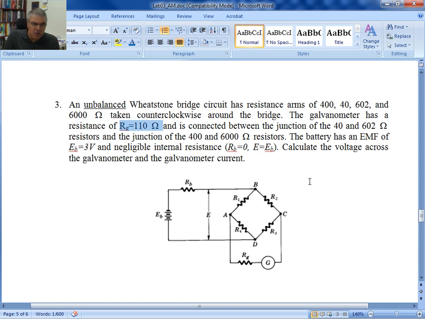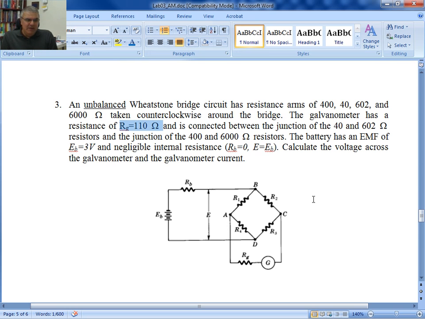In the laboratory, by the color of the resistor, you should be able to tell. But here, it's just given to you, and you need to arrange them properly. It is possible that instead of points A and C connected, it could be other points here connected. But again, I want you to determine that yourself.